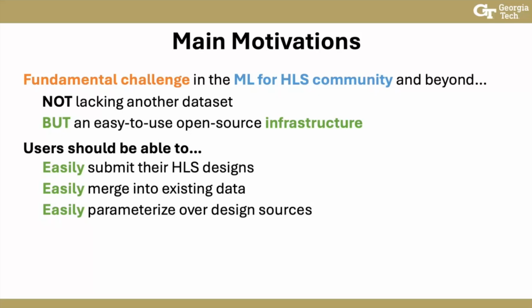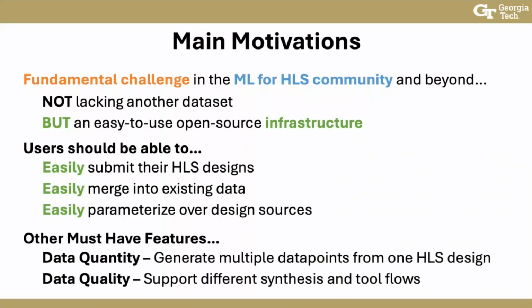And they should also be easily able to parameterize designs to generate many variations of them. Other limitations right now for users are data quantity, so right now there's not a lot of HLS data that's being generated or that's even out there, and quality, right? There's not a lot of data from different vendors or unique HLS designs.